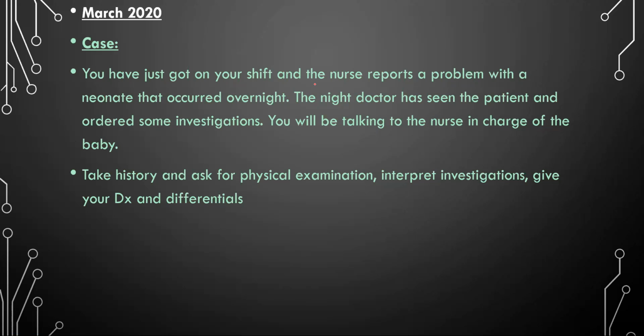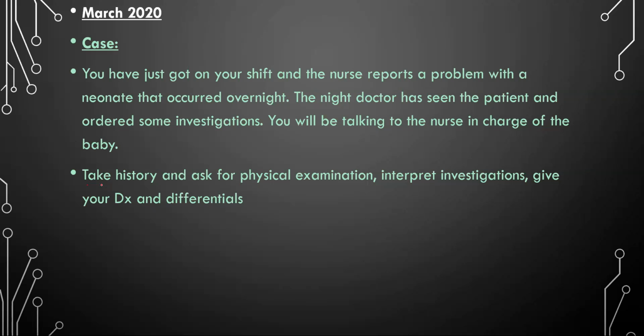The question is like this: a nurse will report a problem with a neonate that occurred overnight, and sometimes they will tell you that a night doctor already saw the patient and ordered some investigations, and you need to follow up those investigations. That investigation is the chest X-ray after inserting the NG tube, and you will find the coiling of the NG tube, which will give you the idea that it's a case of esophageal atresia or tracheoesophageal fistula.